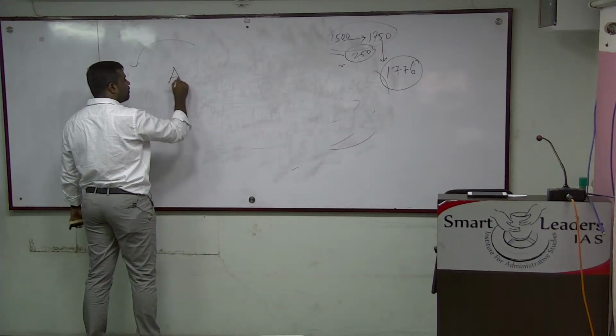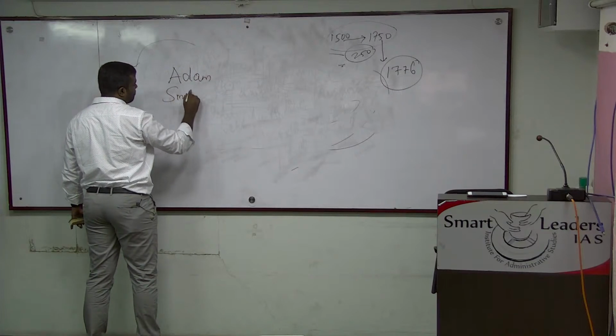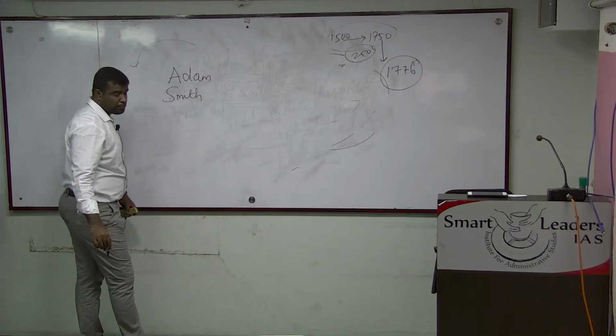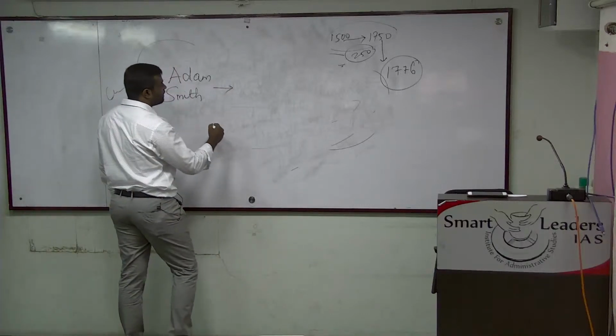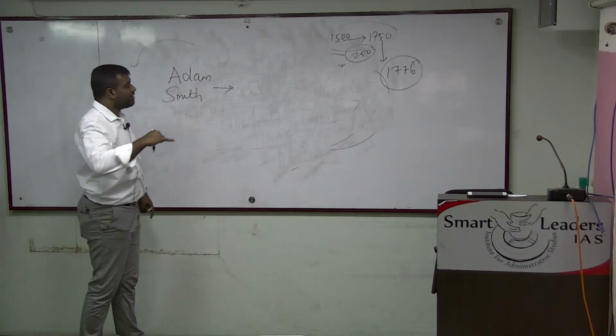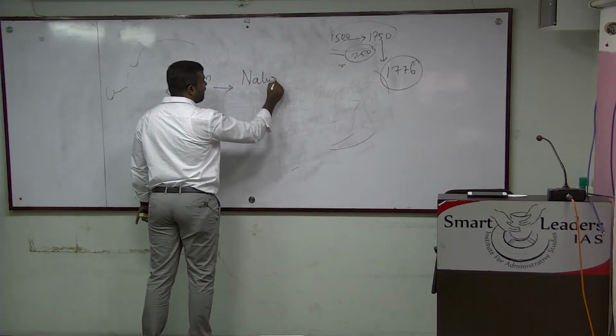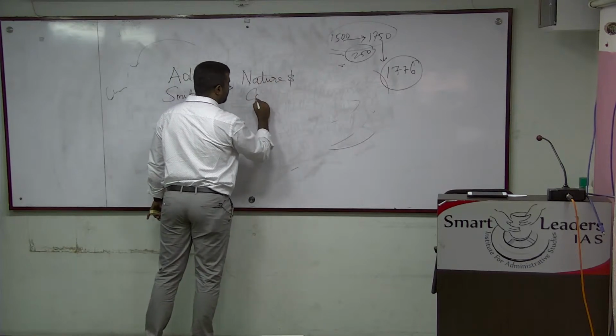There is a person called Adam Smith, a Scottish philosopher who wrote a book called An Inquiry into the Nature and Causes of Wealth.